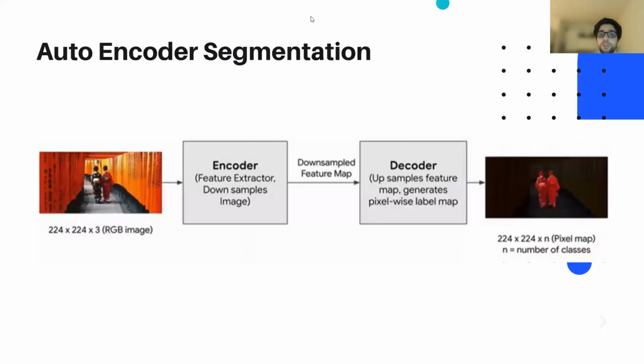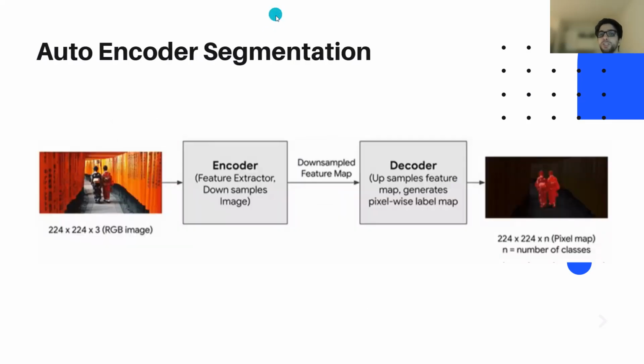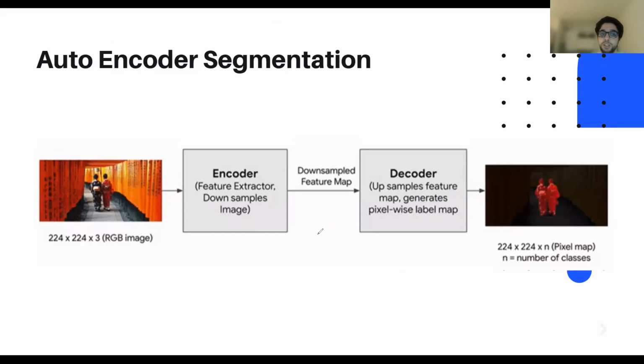The first algorithm we will see for segmentation is the algorithm we have been speaking about during this lecture, which is the autoencoder. Autoencoders are very easy models that can provide us with some semantic segmentation.